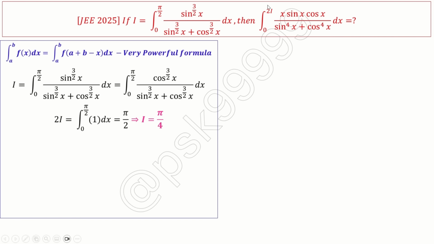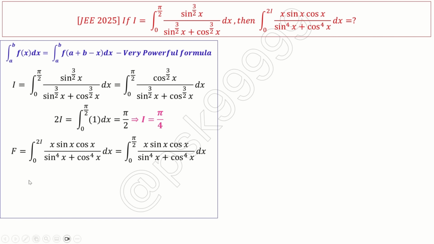Now I just need to solve the second integration, right? The second integration is integration from 0 to pi by 2, because I is pi by 4, 2I is pi by 2, of x sin x cos x divided by sin to the power of 4x plus cos to the power of 4x dx. Again you use this same formula. Okay, why?